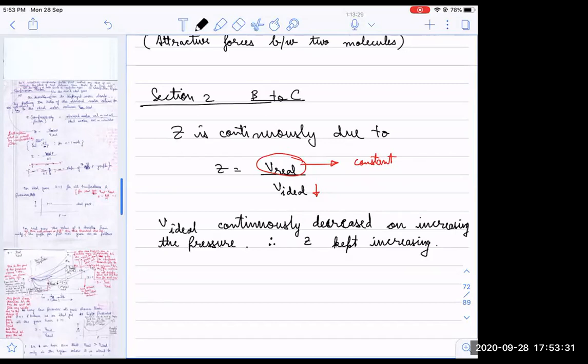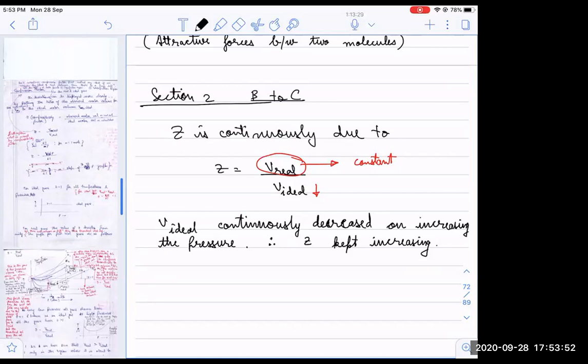Okay, when you are increasing the pressure rapidly on a gas, now you have learned states of matter in small classes. You know that gas can also be liquefied to a liquid and also become a solid.